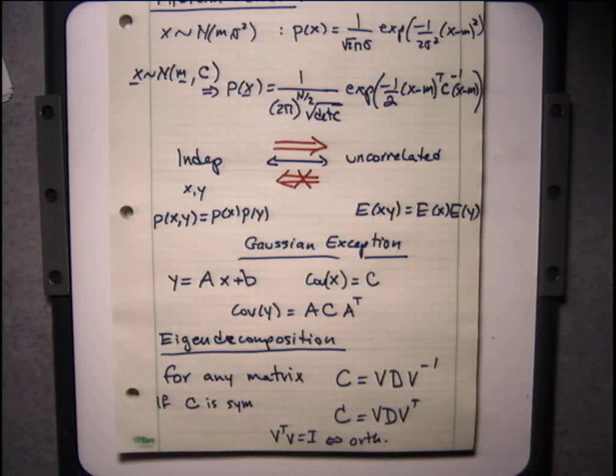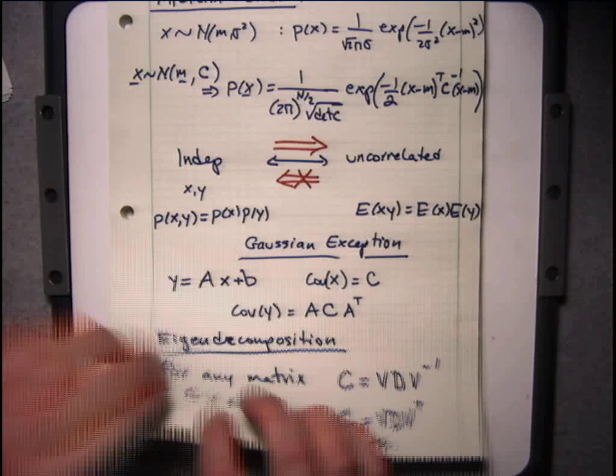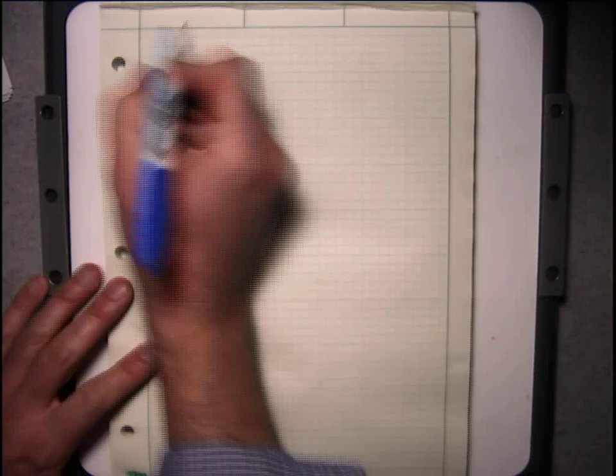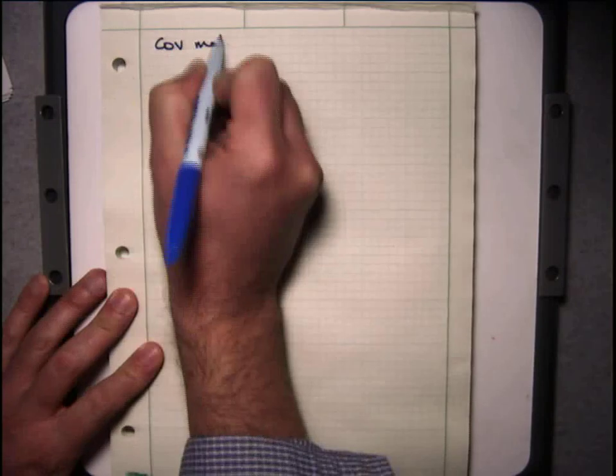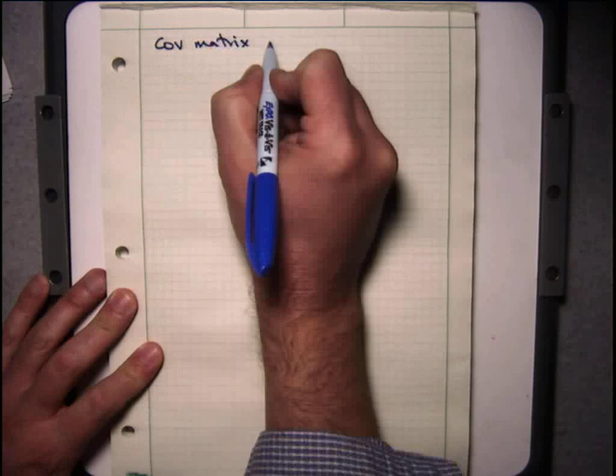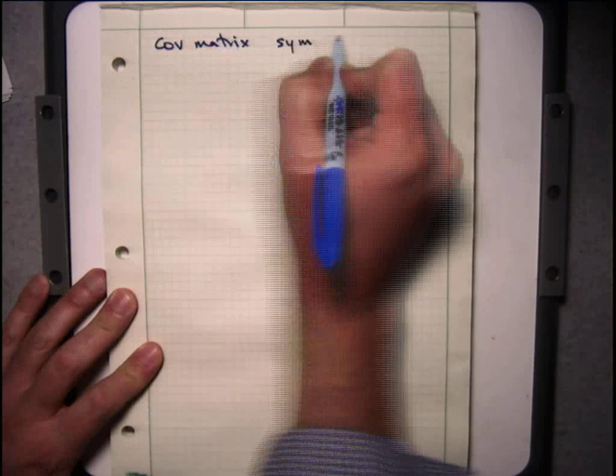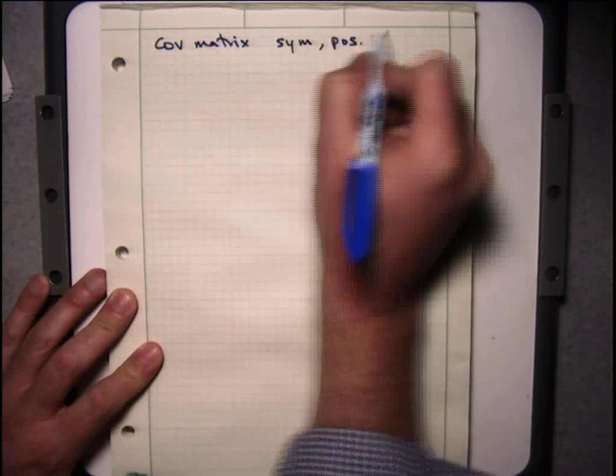Now, in general, what we have for the case of covariance matrices like C here is that C is not only symmetric, but it's also positive definite. Those are the two conditions that you always want to keep in mind for covariance matrices: symmetric, positive definite.